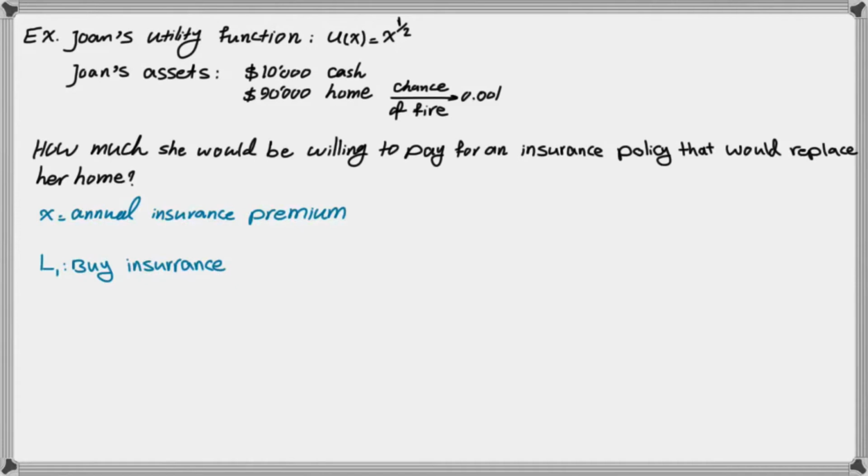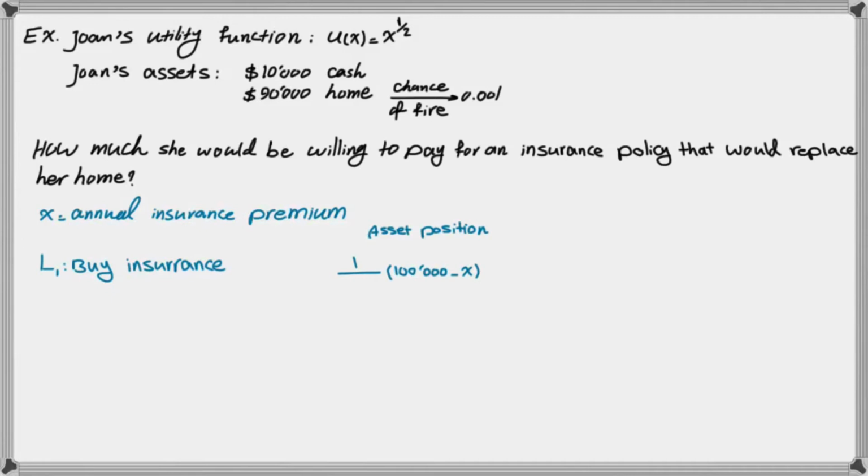So in the first lottery, we buy the insurance, and what happens is your asset position is going to be $10,000 cash plus your home, which is $90,000, so you have $100,000 minus X amount that you're going to pay for your insurance. If you buy the insurance, that's going to be your final asset position, regardless of fire happening or not.